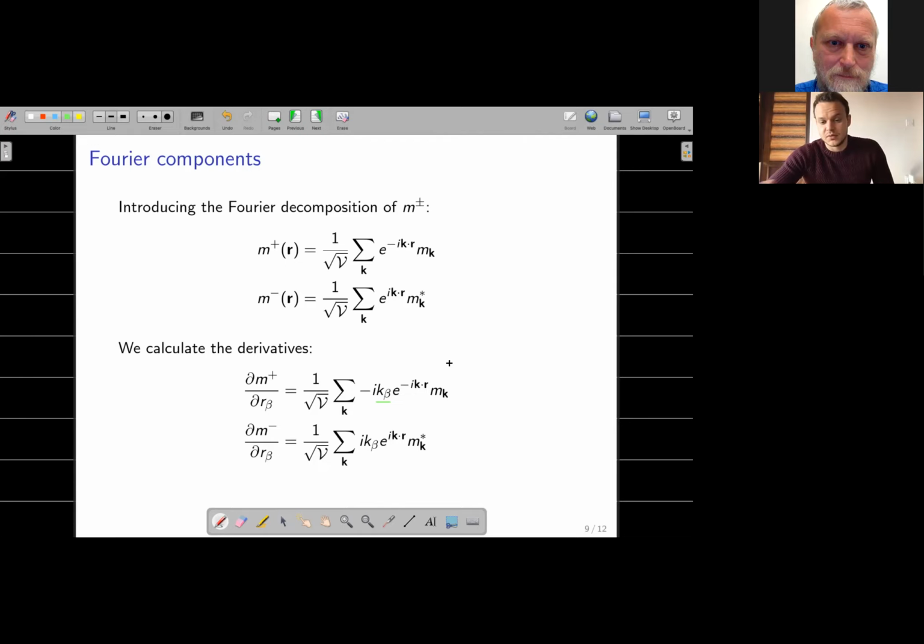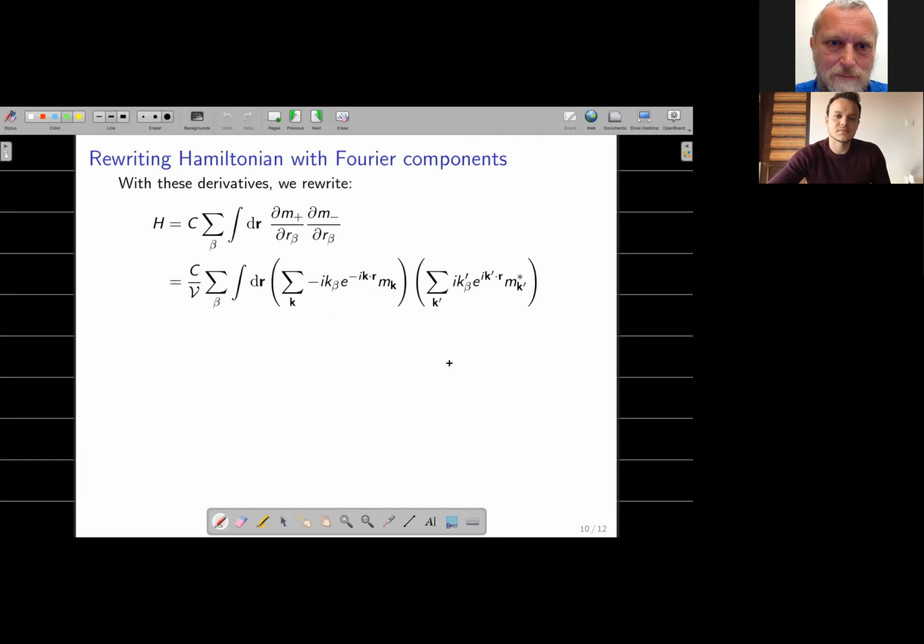Our next step would be, once we have the derivatives of the fields in Fourier space, we simply replace them in the Hamiltonian we have found. So here they are. Here's the Hamiltonian. Again, plus, and this is the m minus field in Fourier space.